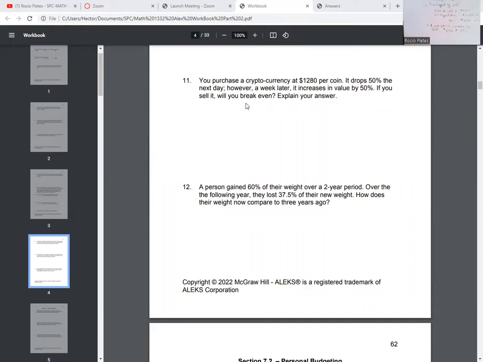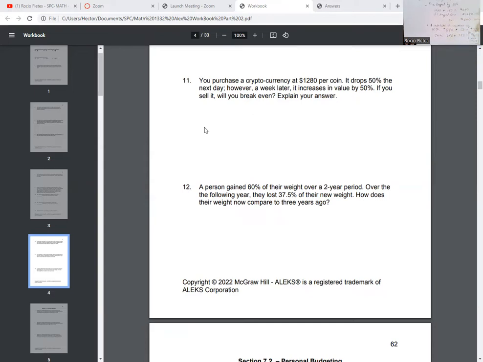That's 640 times 50%, which is 320. So it increased by 320. It went from 640 plus 320, and the new price is now 960. And then, will you break even?